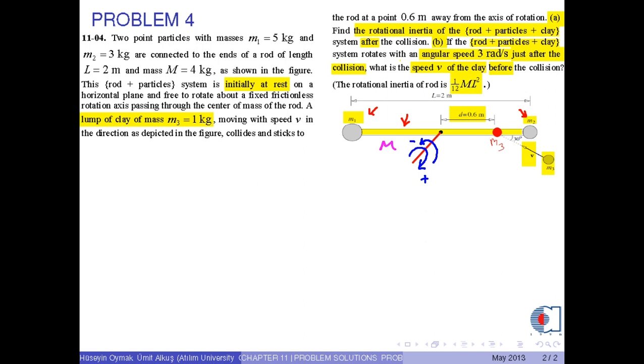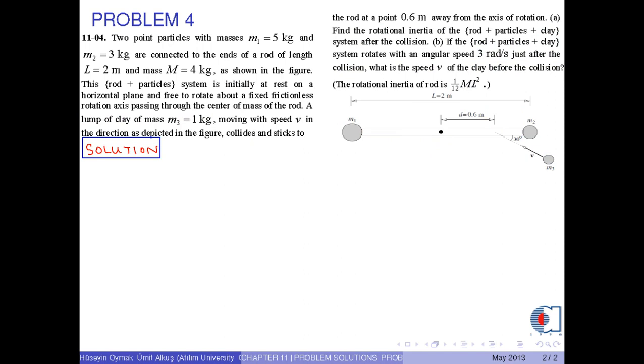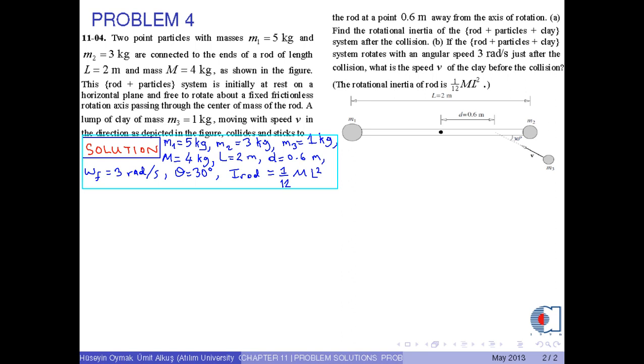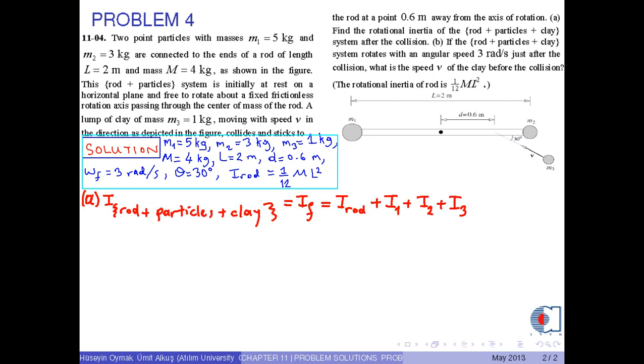The rotational inertia of the rod is 1/12 times capital M times L squared. First of all, we write the given quantities in SI units. In part A, we find the rotational inertia of the whole system after the collision as I rod plus particles plus clay equals I final equals I rod plus I1 plus I2 plus I3.